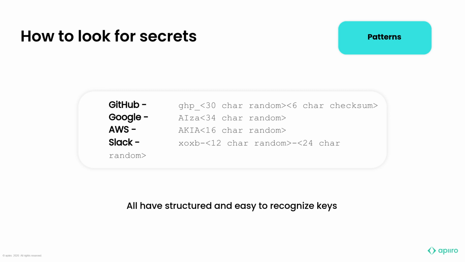Okay, so once we've covered why this happens so much and what types of secrets there are, let's cover a bit the ways that we and other products use to find secrets. So the first type of secrets is pattern-based. Basically, lots and lots of vendors do a great job of having this very structured, very familiar type of secret when they generate it, so that it's readable, you can copy it, and you can recognize it very easily.